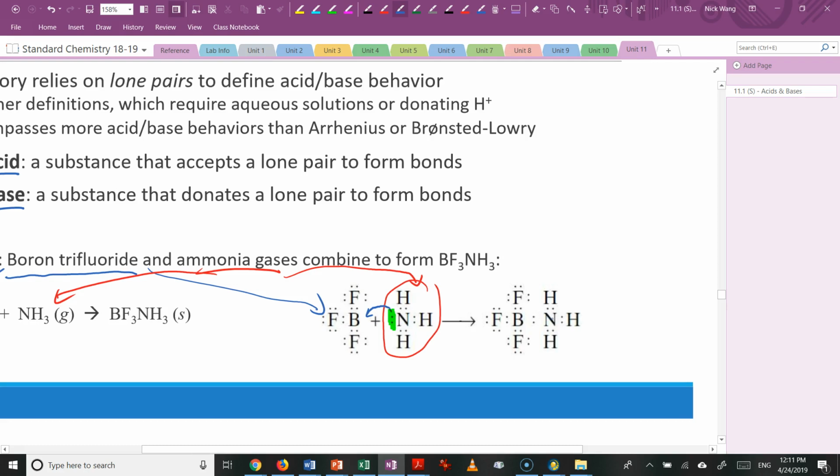Again, the actual details of this we're not really going to get into. I just wanted you to recognize that this is an acid-base reaction, but defined by the Lewis definition, where, over here on the right side, this NH3 acts as the Lewis base because it has that lone pair that it can donate. And then the BF3, or actually this guy, I should be circling that one, accepts the lone pair, so that ends up being the Lewis acid.